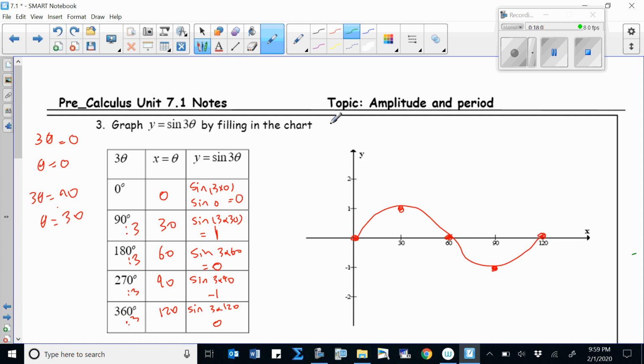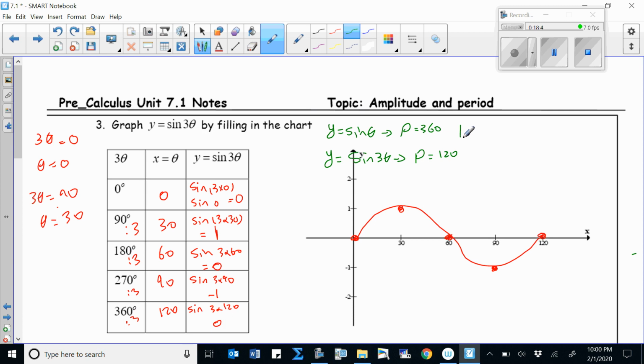We know that the parent function y equal to sine of theta has the period of 360. But the period of this new function is 120. So the number of degrees that this function needs to complete one cycle is 120. So if I have y equal to sine of 3 theta, then the period of the function is 120.